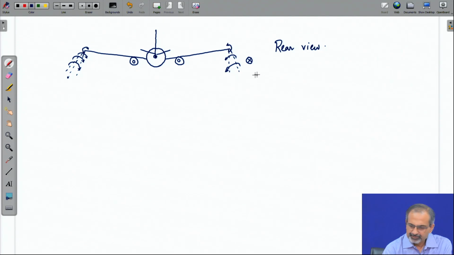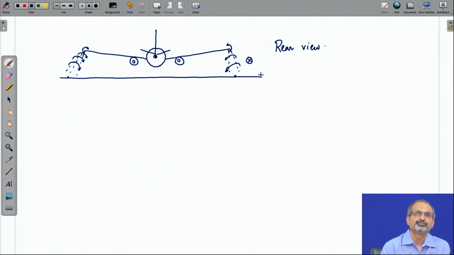And if you try to look at the induced velocity variation by virtue of the wing tip vortices, how does it look like? It looks somewhat like this.